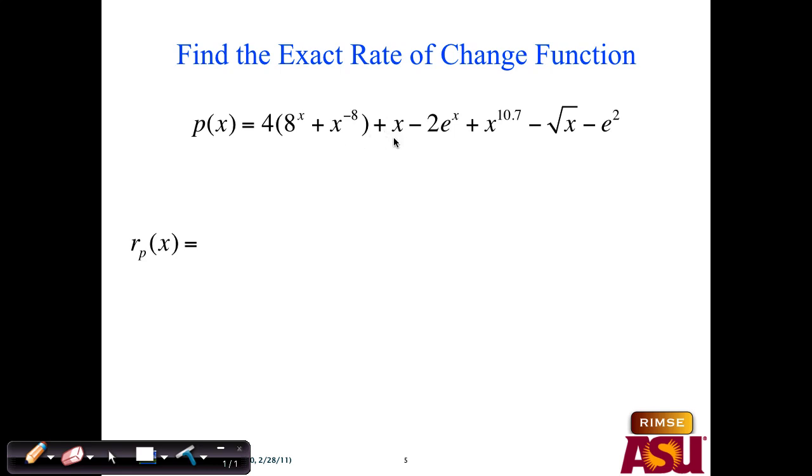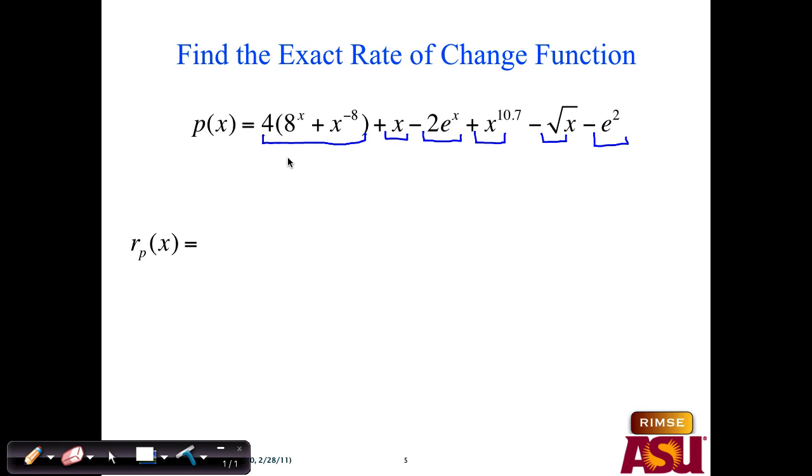So when you're looking at longer functions like this, make sure you look carefully, understand the structure of this. But if you can see, I've got 1, 2, 3, 4, 5, 6 terms to this function, 6 items that are added or subtracted. Each one individually could have been its own function, but a bunch of things added and subtracted.